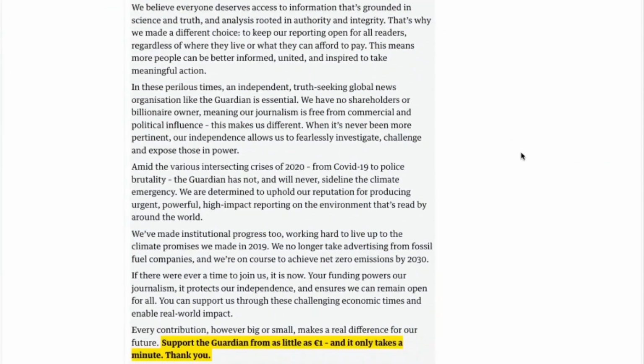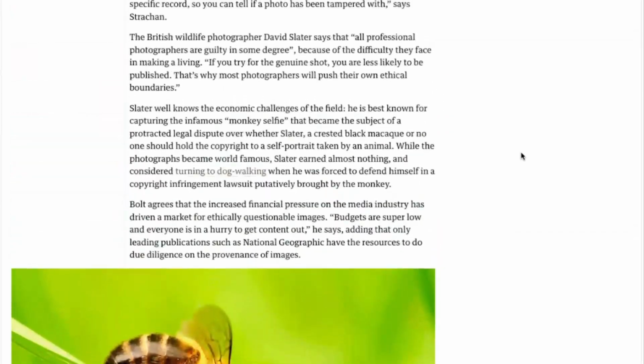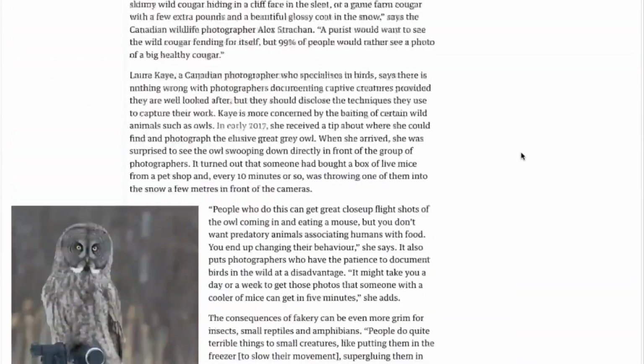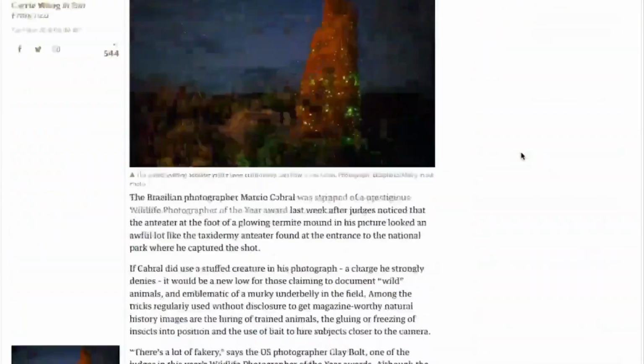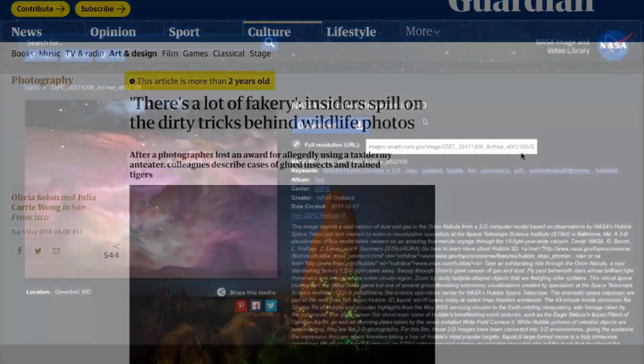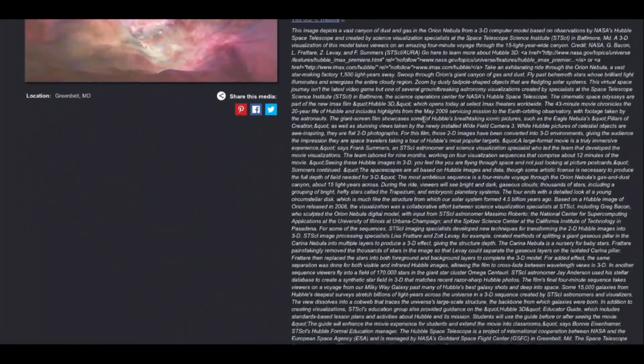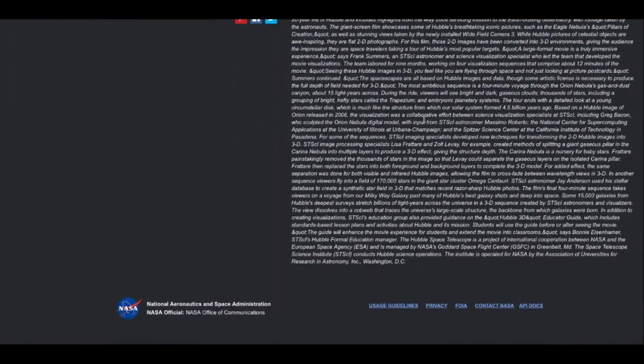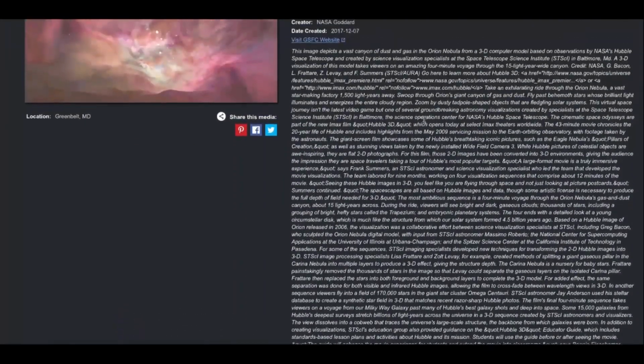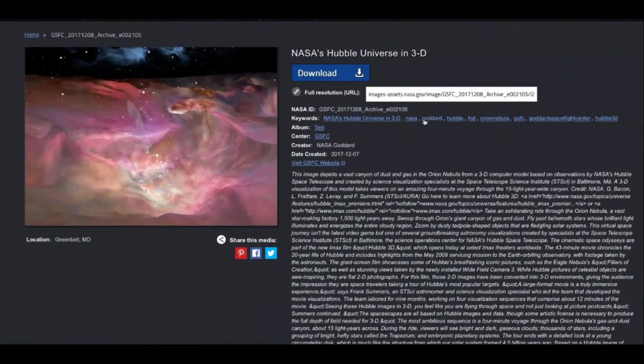Especially in wildlife photography, there are many tricks that are used to get a good photo. Insects are frozen or glued, or trained animals are used to get brilliant pictures. In the end, of course, often the purpose determines whether a manipulation is to be considered appropriate or not. However, we often do have to deal with gray areas.